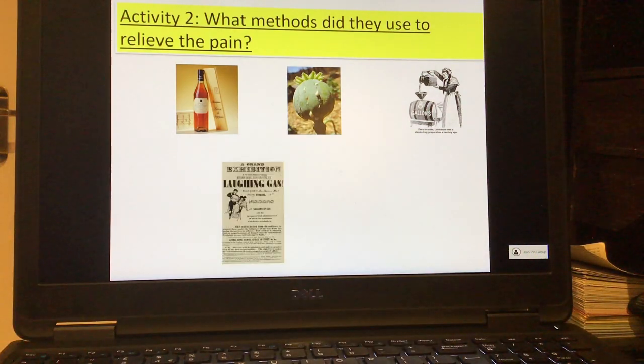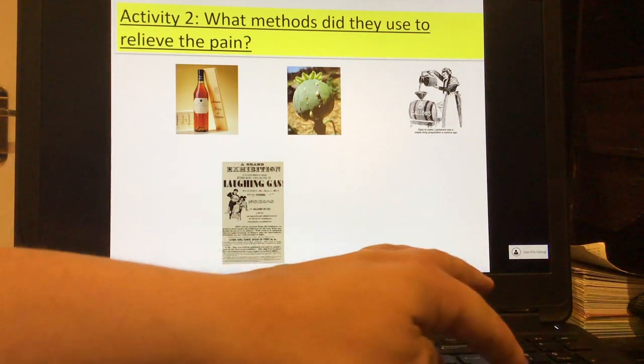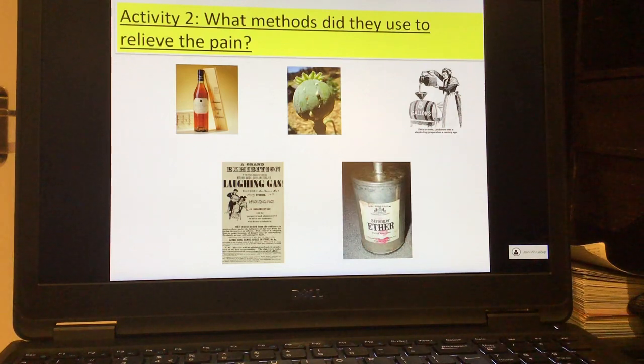You could then use laughing gas as well, which were certain nitric oxides, and put that together to create pain relief. And then obviously they could use, as I said before, ether. So these are the kind of old-fashioned ways that they would try and give some pain relief to people when they were trying to operate on them.